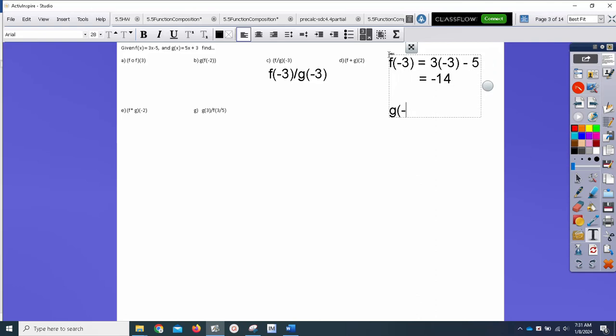And I also figure out what g of negative 3 is. g is going to be 5 times a negative 3 plus a 3, which is negative 12. So f of negative 3 over g of negative 3 is negative 14 divided by negative 12, which obviously reduces to 7/6. Right there, final answer. Easy peasy Japanesey.